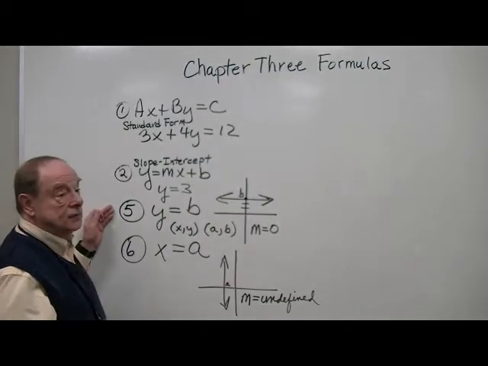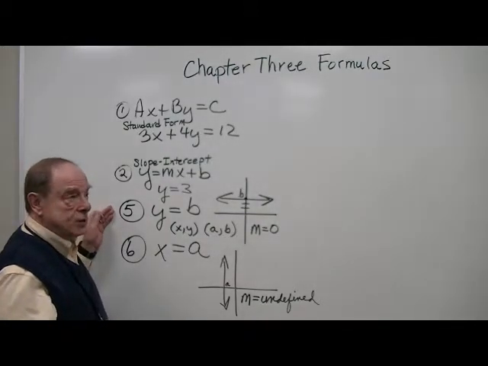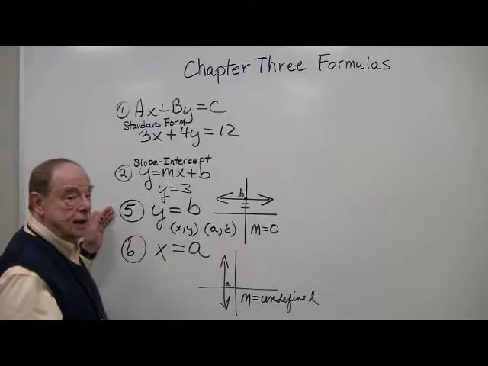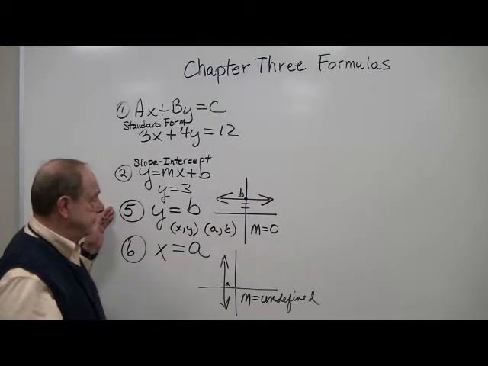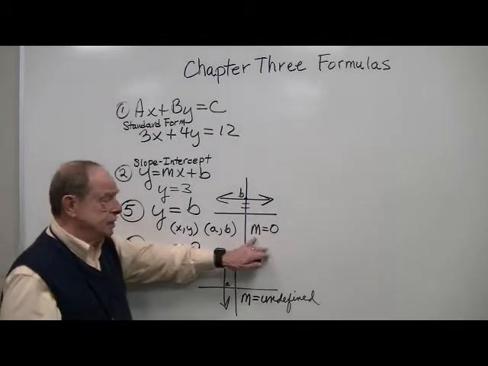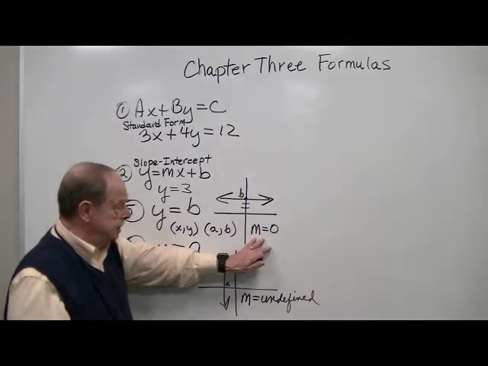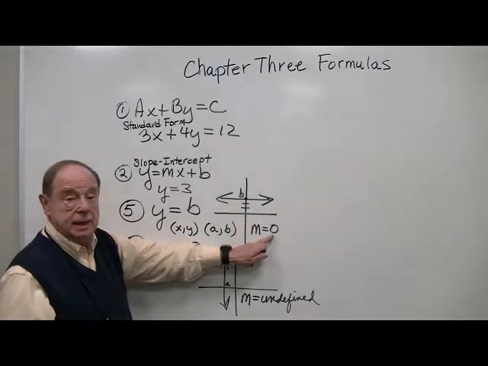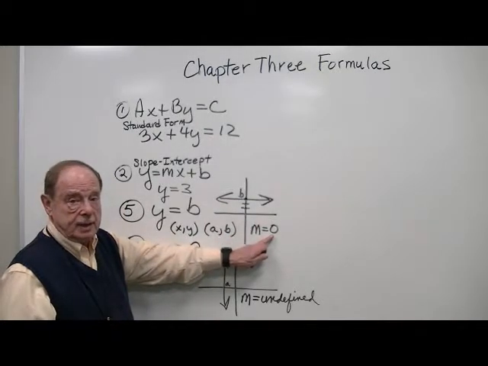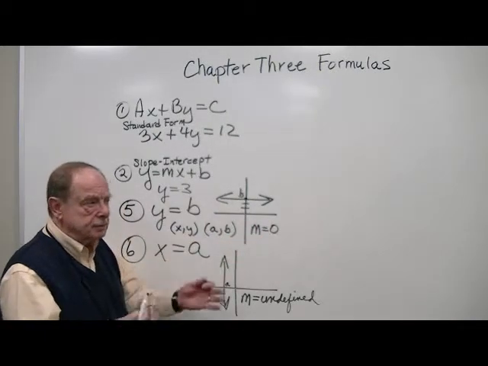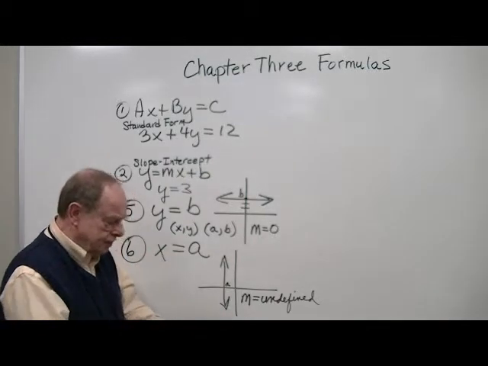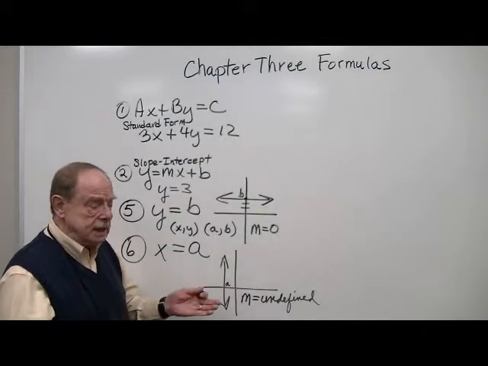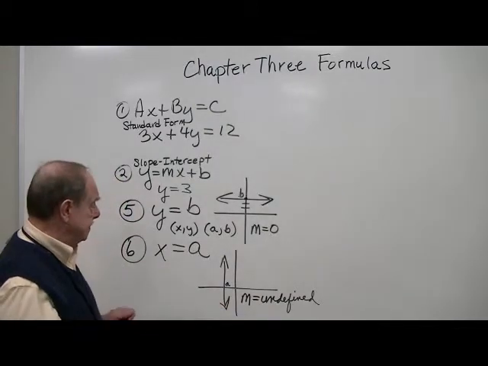So equation 5 is an equation for a horizontal line. And one other thing I've put here as a little review on that sheet is that the slope of a horizontal line is 0. So we're just trying to give you kind of an interpretation of what's on that sheet and how it fits in.